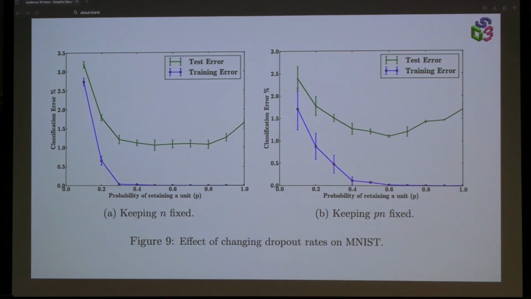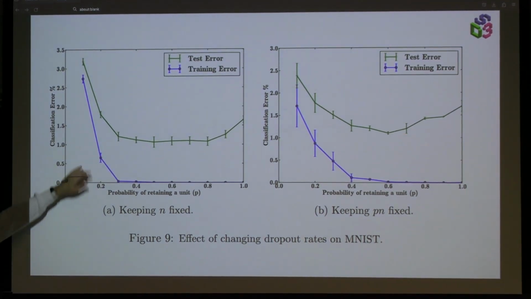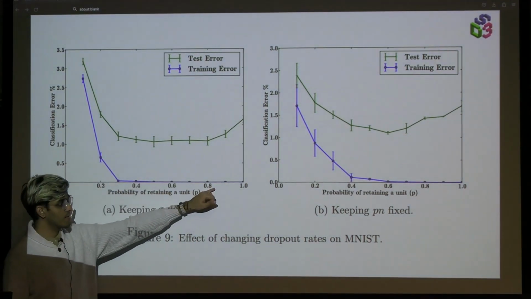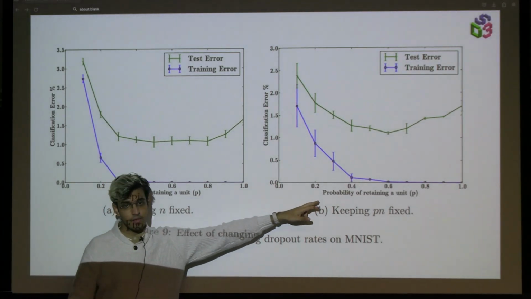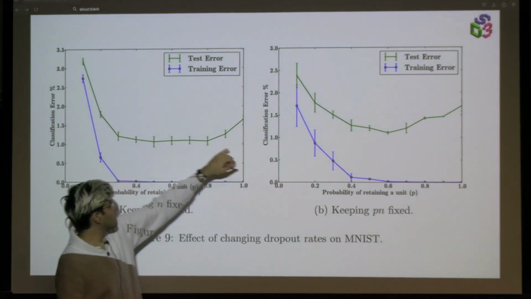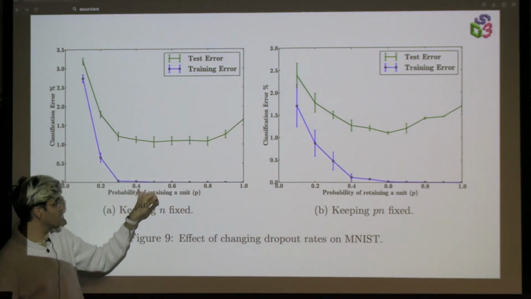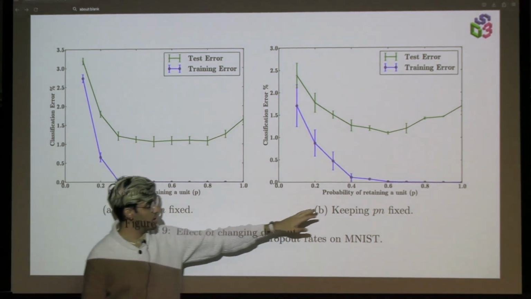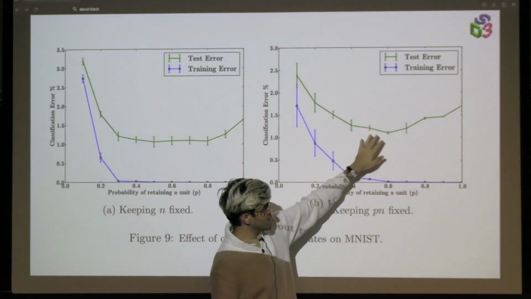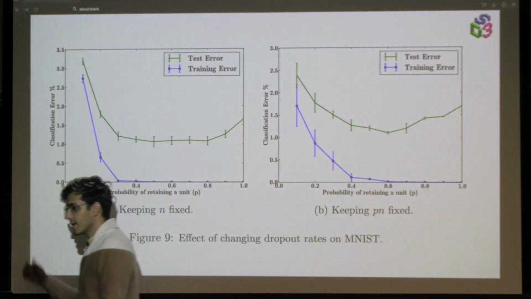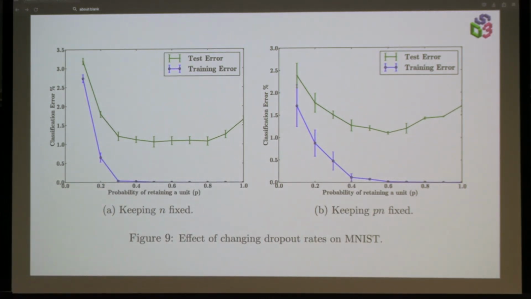In either case, what you get to see is, of course, on the training error, the training goes down as you increase the number of units, or you keep more units. But for the test, you sort of see this minima appear between 0.4 and 0.8, and over here at 0.6-ish, right? That's how they figured 0.5 is a good general value for P.